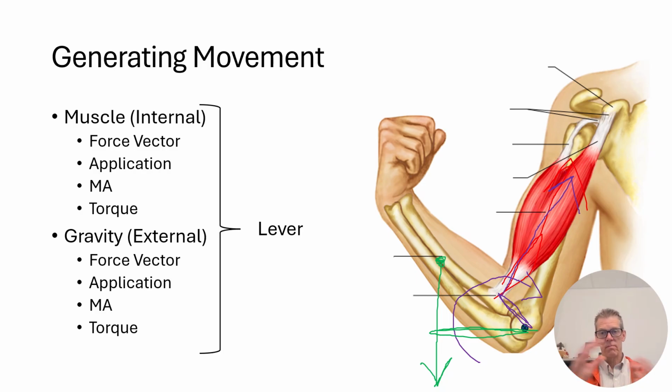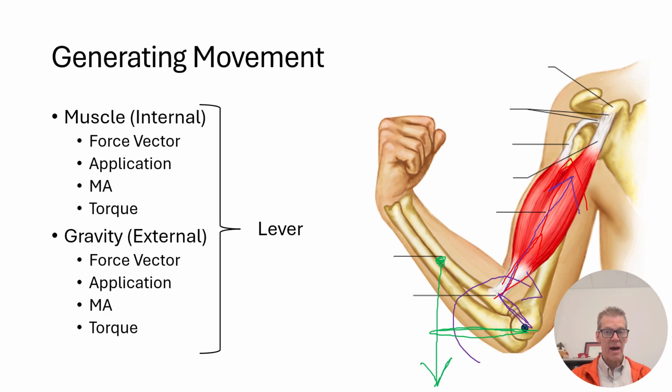And we can do some math to balance this system out where it's frozen in time at 110 degrees. We could set one torque equal to another torque because there's no motion. It's called static equilibrium. But what we would find is that, let's just say this muscle moment arm is half the length of the gravity moment arm.